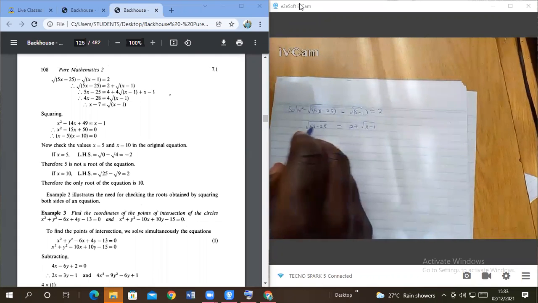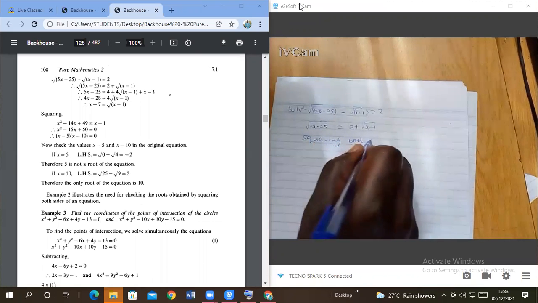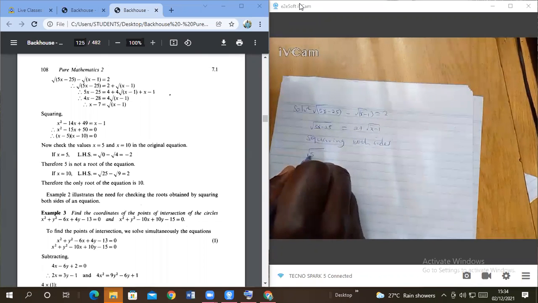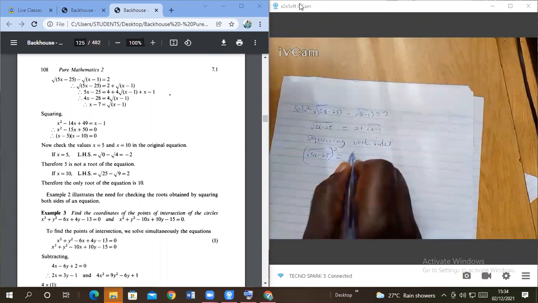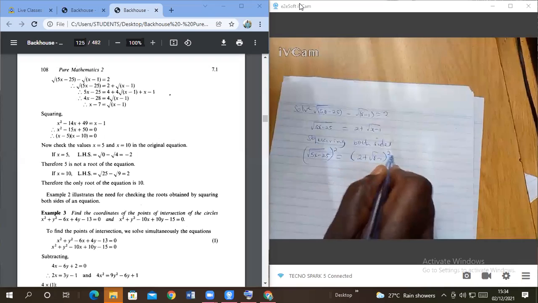Since they are square roots, the only option is to square both sides to do away with the square root symbol. So if I square both sides, each side must have one square symbol. So we have root of 5x minus 25 squared should give us, you put this in brackets, 2 plus root of x minus 1 also squared.